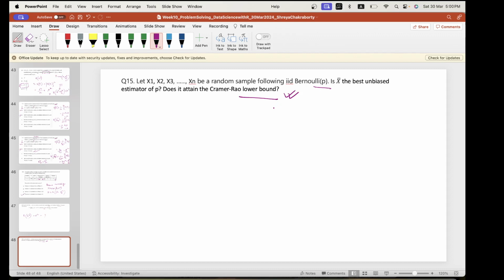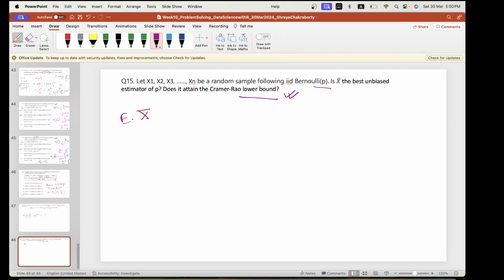Okay. Is it clear? So in order to find out whether it is attaining the Cramer-Rao lower bound or not, first you have to find out whether x bar is unbiased or not.